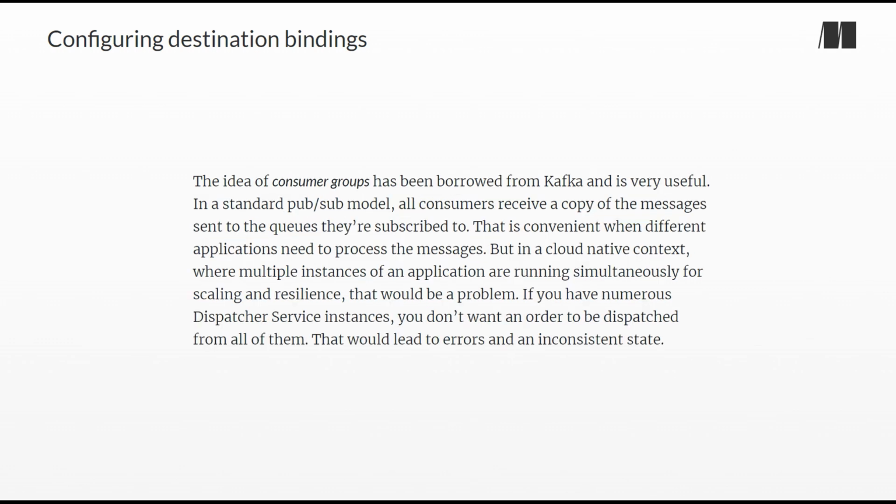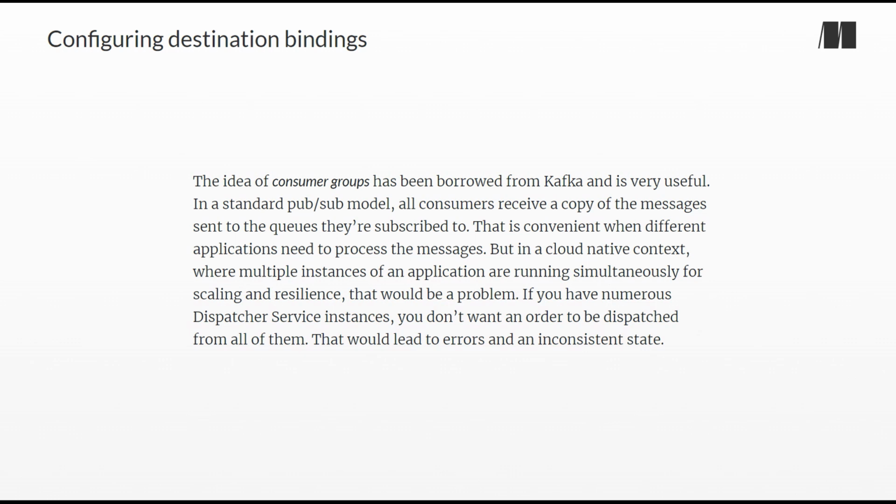The idea of consumer groups has been borrowed from Kafka and is very useful. In a standard pub-sub model, all consumers receive a copy of the messages sent to the queues they're subscribed to. That is convenient when different applications need to process the messages. But in a cloud-native context, where multiple instances of an application are running simultaneously for scaling and resilience, that would be a problem.